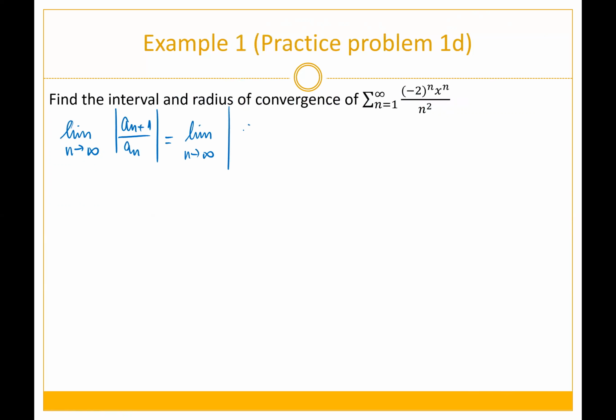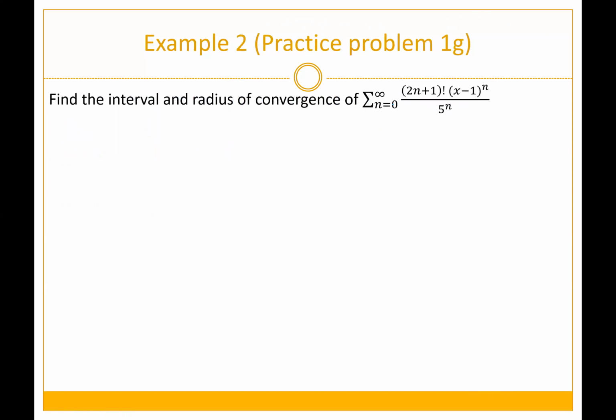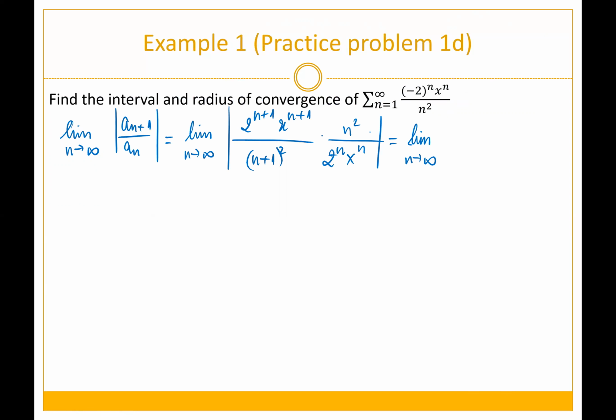So we have 2 to the n plus 1, x to the n plus 1, divided by n plus 1 squared, multiplied by n squared over 2 to the n, x to the n. What we end up having is a limit as n approaches infinity. The ratio n squared over n plus 1 squared as n approaches infinity is clearly 1.